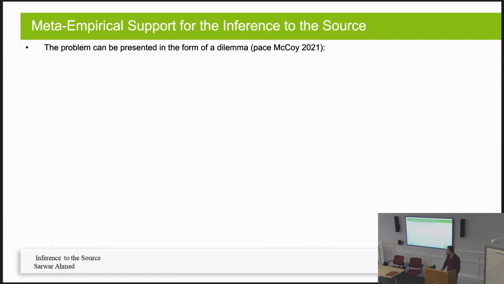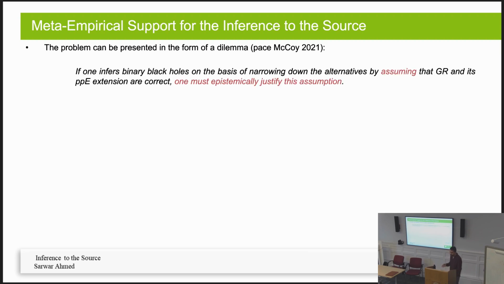So the problem can be presented as a kind of dilemma. If one infers binary black holes on the basis of narrowing down the number of alternatives by assuming that GR and its PPE extensions are correct, one must epistemically justify this assumption.